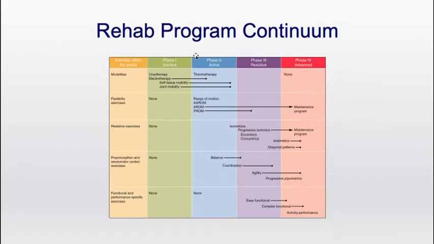Then when you start to get into the later phases, you start to introduce active assisted range of motion, active range of motion, passive range of motion, and those exercises can be done throughout the next 3 phases with progressively more challenging tasks. Then you can actually start to integrate some resistive exercises, some isometrics, and all the way to isokinetics and diagonal patterning. And then you introduce some proprioception, and finally that early functional and complex functional movements until the end of the advanced phase, right?